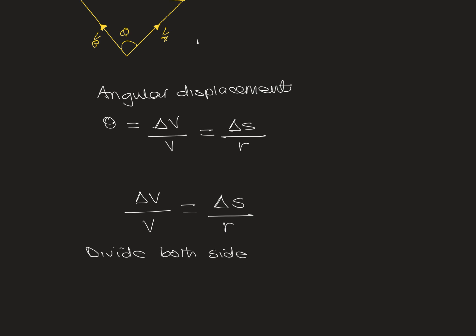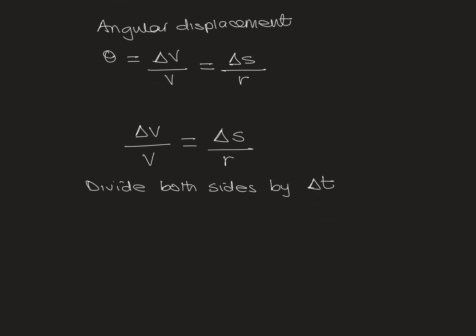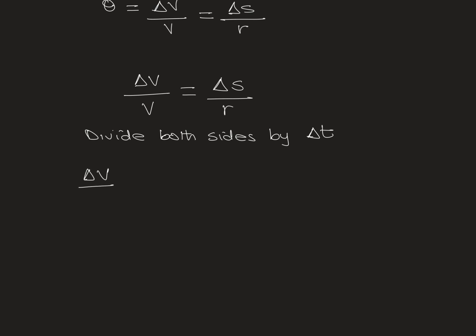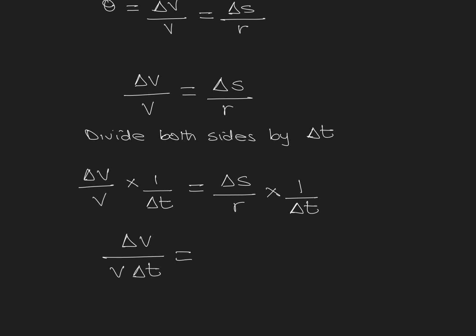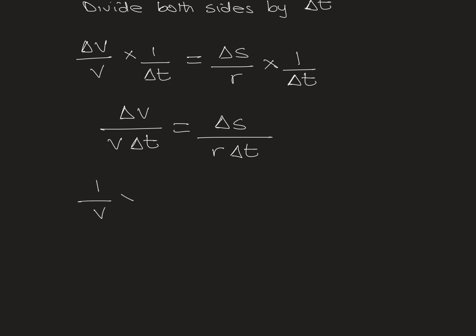That is going to be delta V all over V times 1 over delta T. That is how I am dividing by delta T. This is equal to delta S all over R times 1 over delta T. So if we do that, we are going to have delta V all over V delta T equal to delta S all over R delta T. So I can say 1 over V times delta V all over delta T is equal to 1 all over R times delta S all over delta T. I am just doing rearrangement.